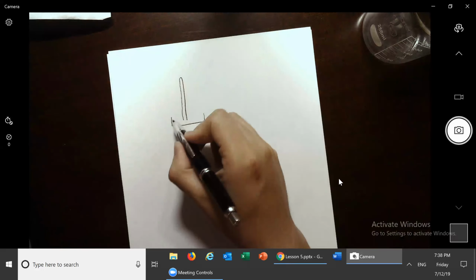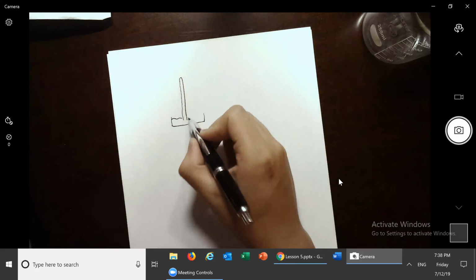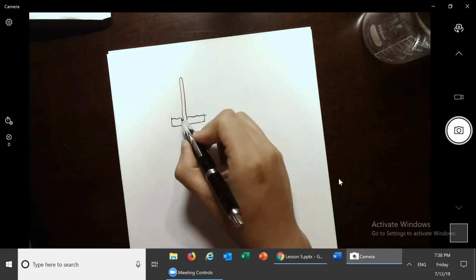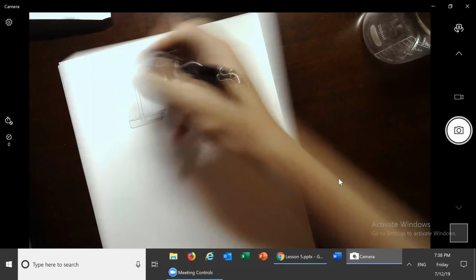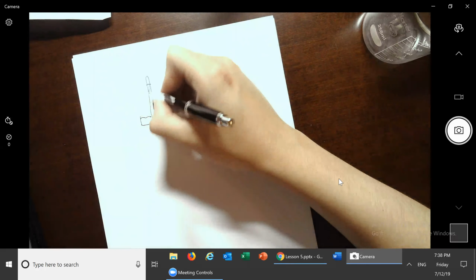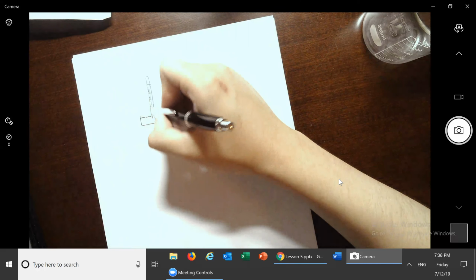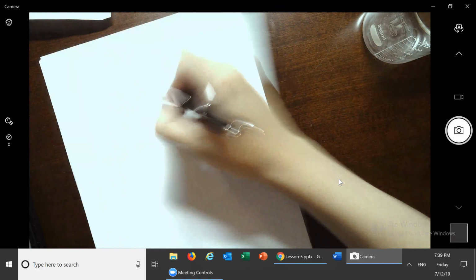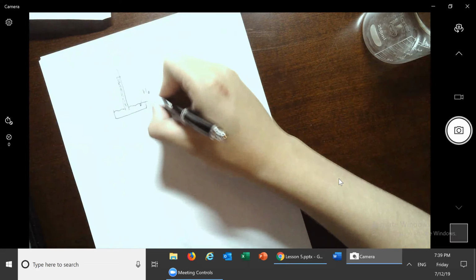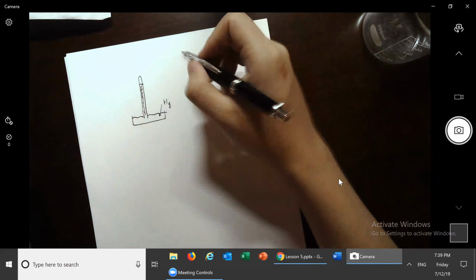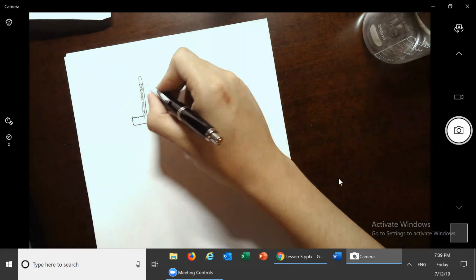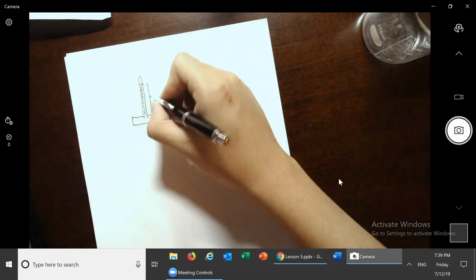And then you have some amount of mercury. Mercury is a liquid metal, a very dense liquid metal. So now, how high is this column?